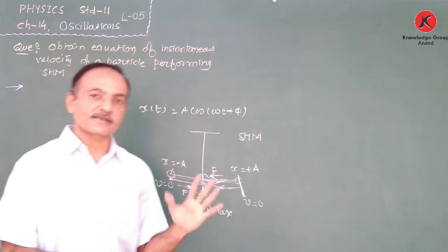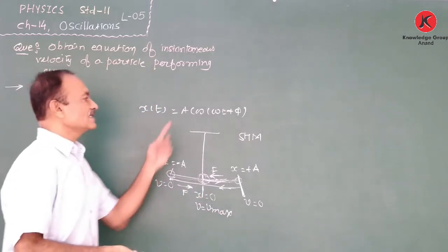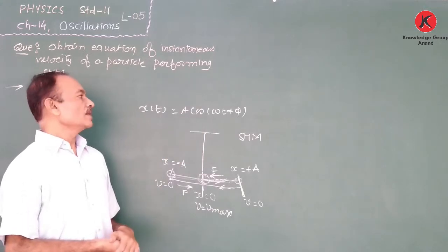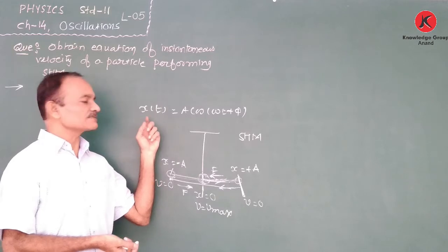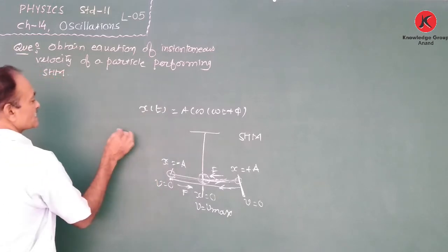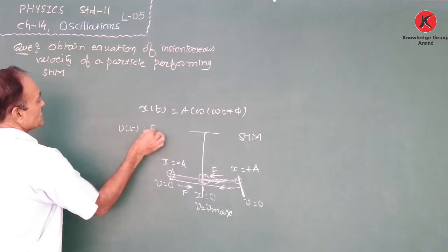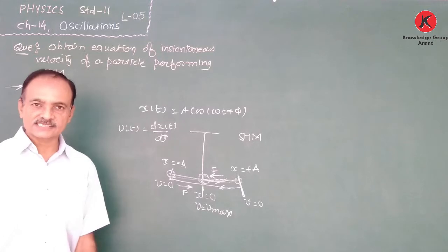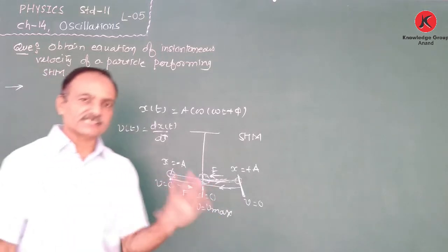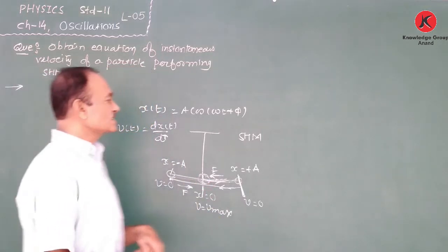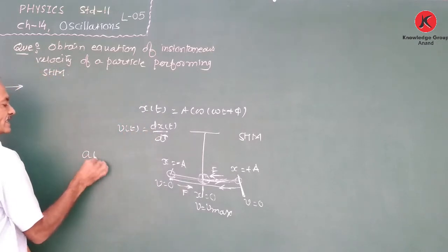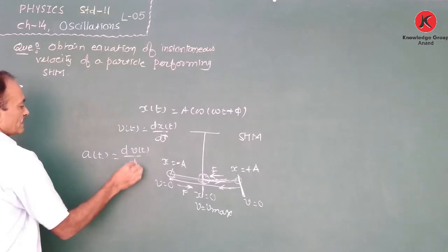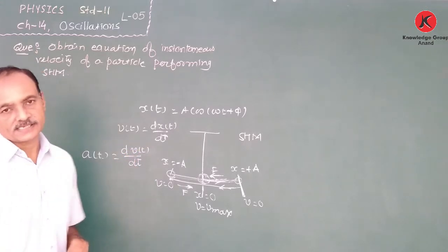Already in chapters 3 and 4 we discussed how we obtain the instantaneous velocity from the displacement. Differentiation of displacement with respect to time is the instantaneous velocity. So v(t) is equal to dx(t) upon dt. And the instantaneous acceleration is obtained as a(t) is equal to the differentiation of velocity with respect to time, dv(t) by dt.